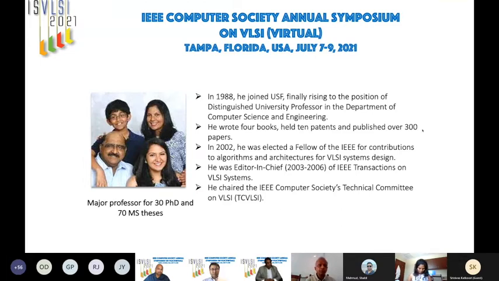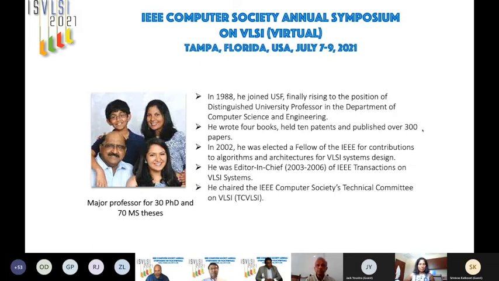He wrote 4 books, held 10 patents, and published over 300 papers. In 2002, he was elected a fellow of IEEE for contributions to algorithms and architectures for VLSI systems design. He was editor-in-chief of IEEE Transactions on VLSI Systems. He chaired the IEEE Computer Society's technical committee on VLSI. Ranga was a major professor for 30 PhD students, and many of them are faculty.